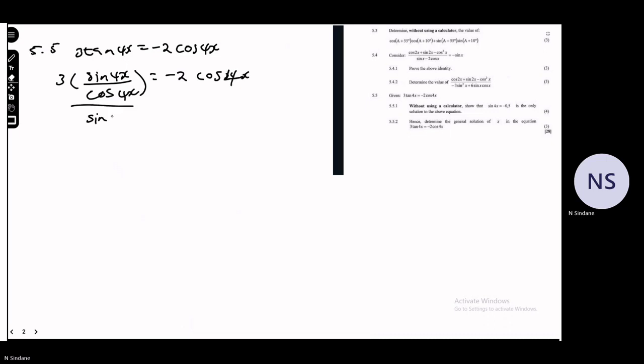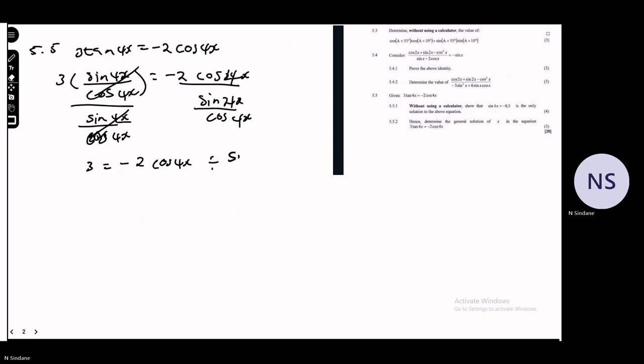Then when I divide by sine of 4x over cos of 4x, actually do the same thing this side, over cos of 4x. So this and that will cancel. I have 3 is equal to negative 2. Then if I change this, it will be cos of 4x multiplied by cos of 4x. Let's not jump stages.